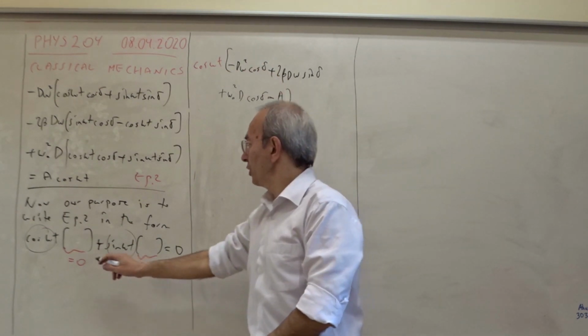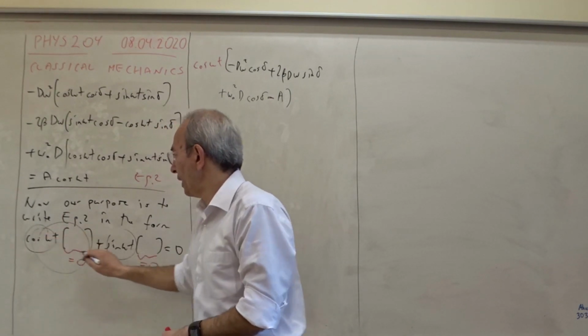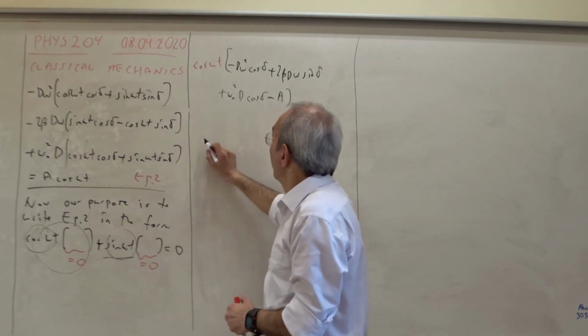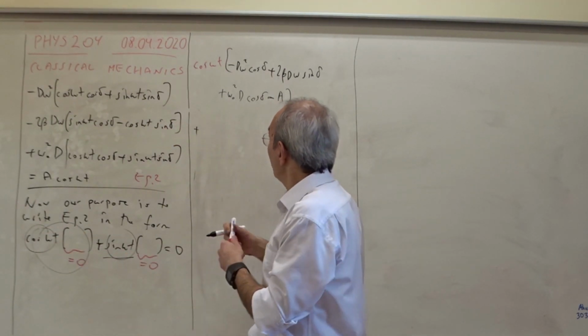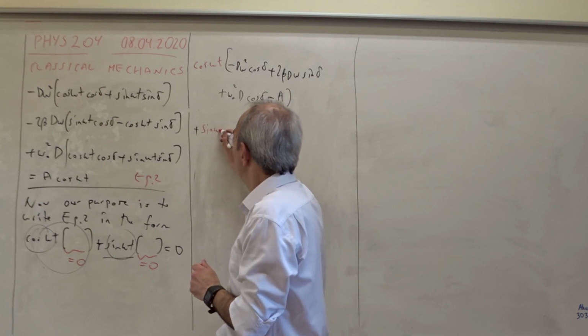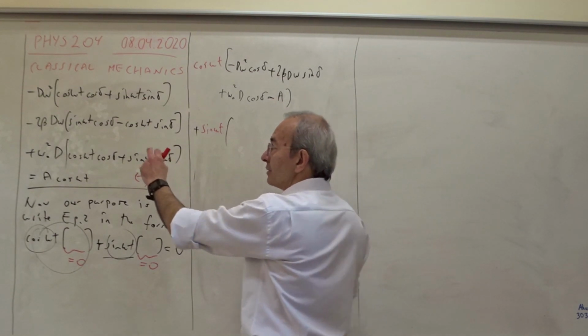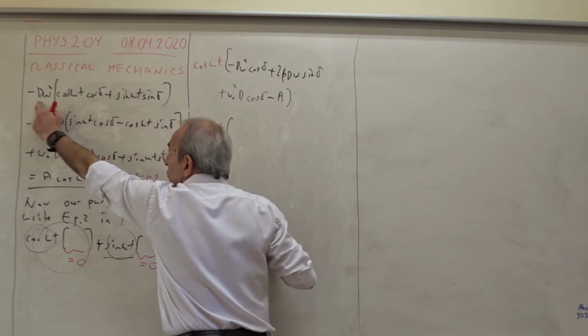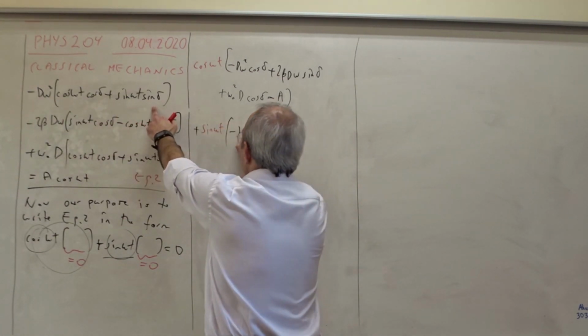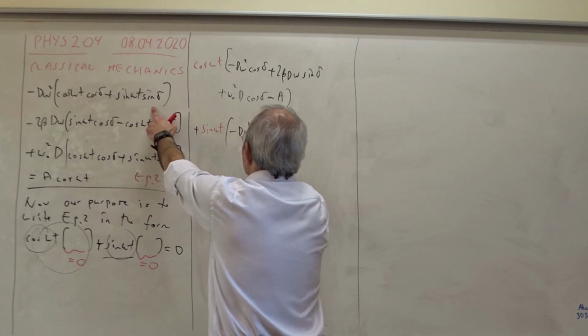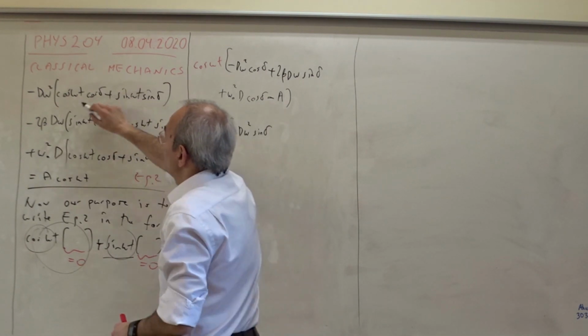So we finish this part and continue with the sine. Plus sine omega t multiplied by the rest. What is the rest? Again, start from the beginning. Minus D omega squared sine delta. So we finished the first one.